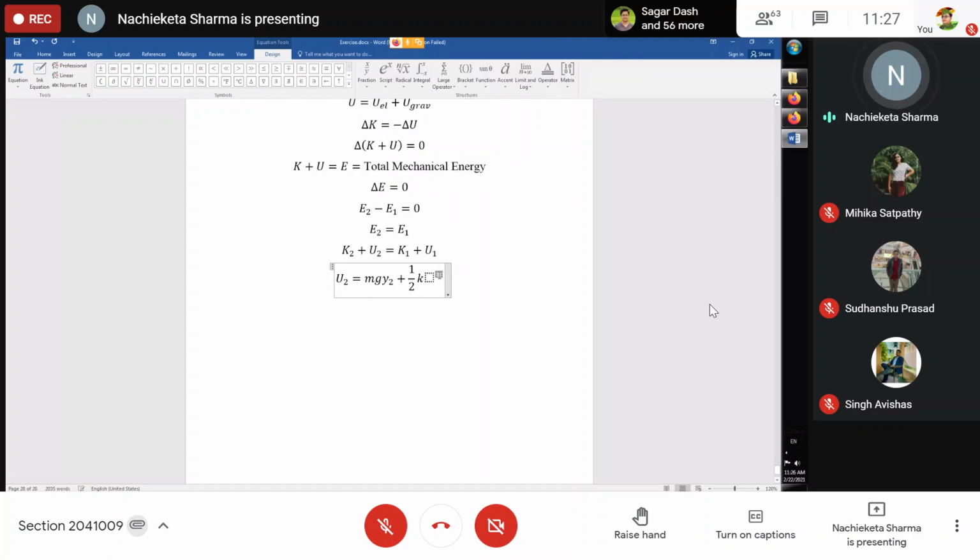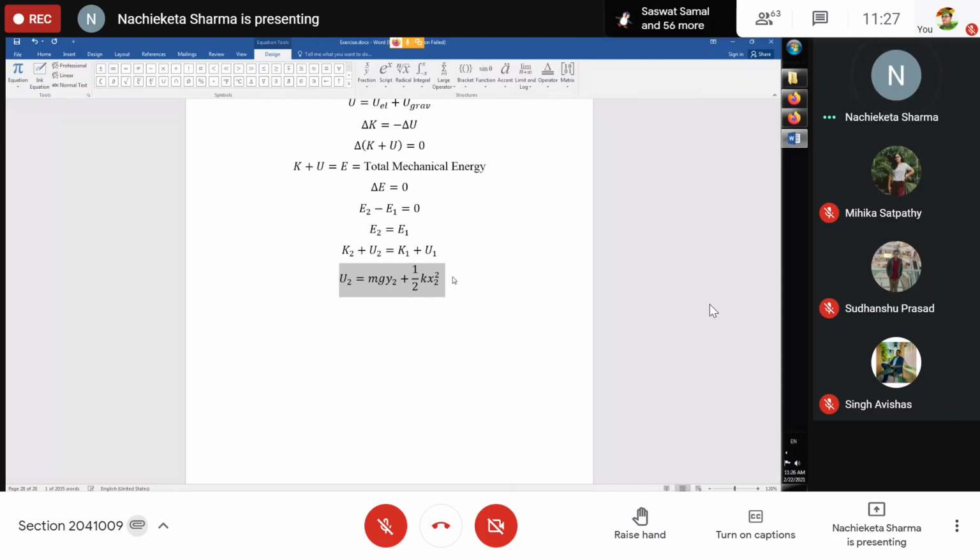So this is my x, and this is half x2 square. Similarly, this is my u2.